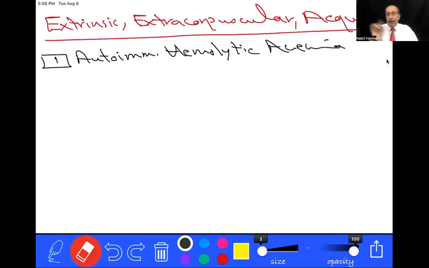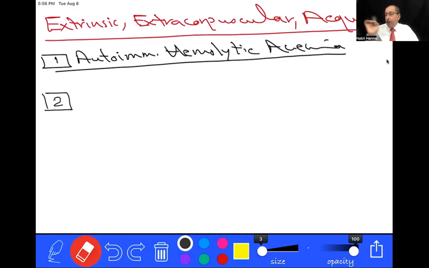Your red blood cells are normal, but they are attacked by antibodies that your immune system develops against your own red blood cells. The second cause is your red blood cells are attacked by toxins.